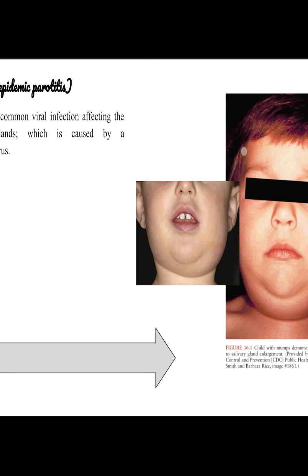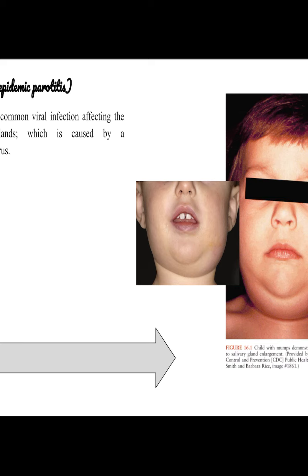Moving on, this disease is self-limiting, and the incubation period is from 2 to 3 weeks. It usually mostly affects children. Now, the incidence of mumps has decreased due to the presence of the vaccine.